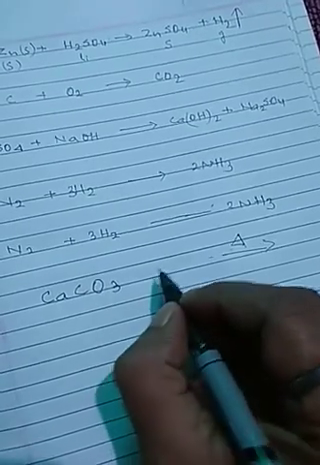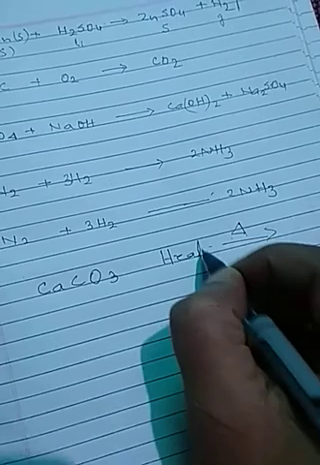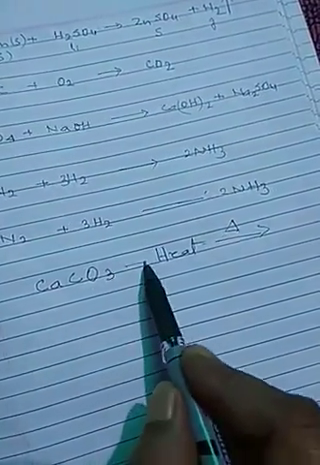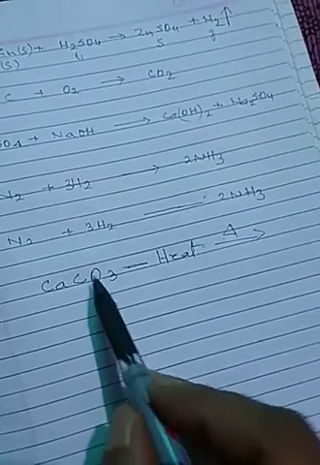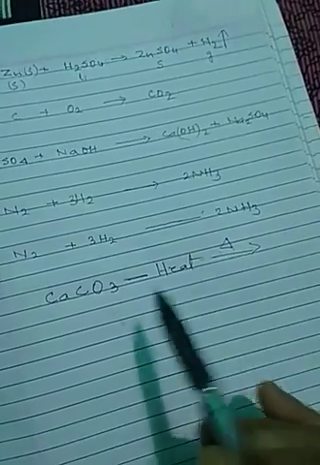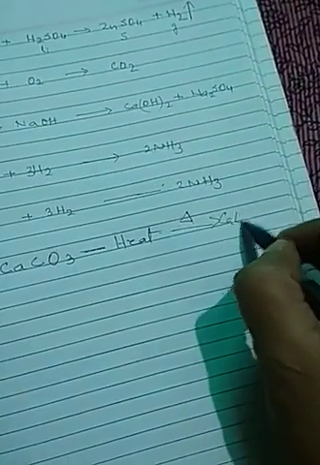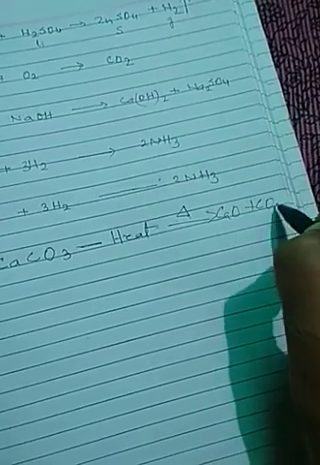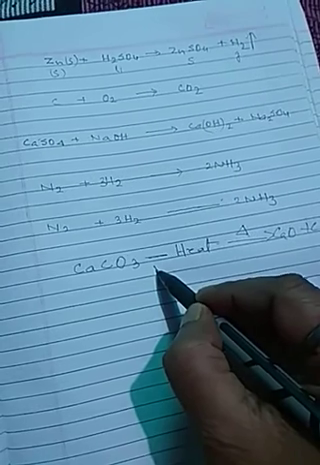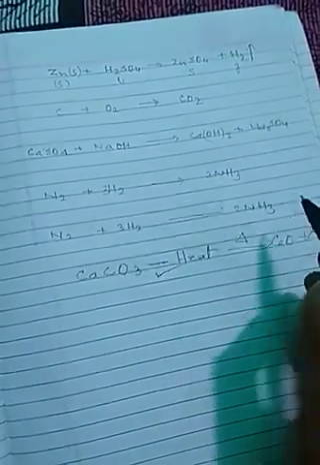Why does it become hot? It absorbs heat. If it absorbs heat, we will put a minus sign here. This stands for absorption of heat. After absorbing, it is broken and it forms calcium oxide plus carbon dioxide. So if there is a loss or absorption of heat, we can put this arrow.